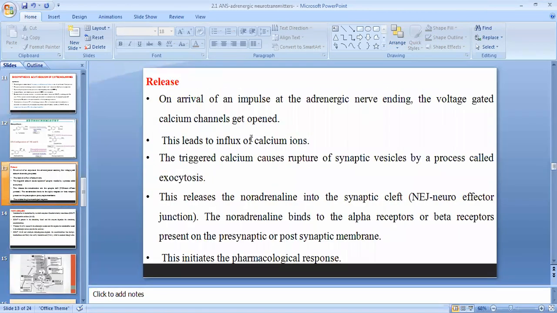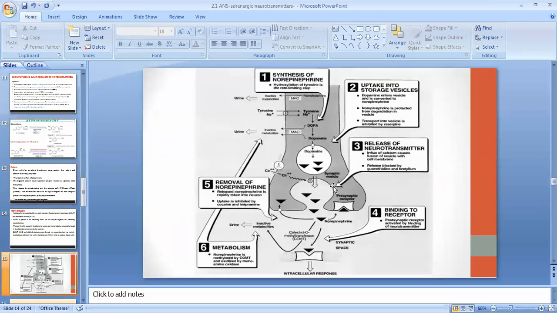Now we are going to see the steps for the release of neurotransmitters at the nerve ending. On arrival of an impulse at the adrenergic nerve ending, the voltage gated calcium channels open. See, this is the nerve ending, and when somebody pricks a pin to the tip of a finger, the impulse comes through these nerves.